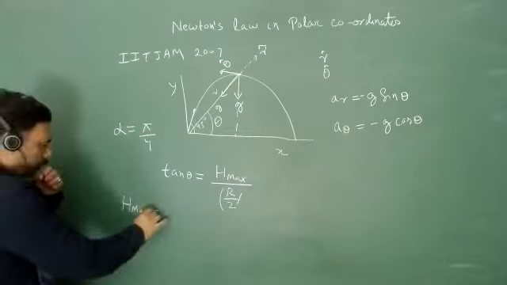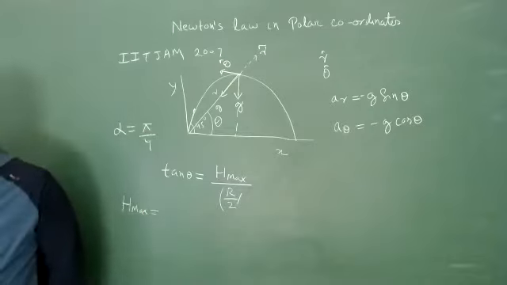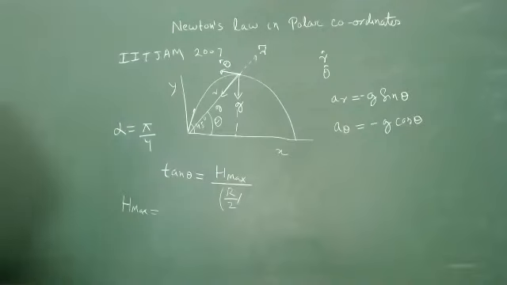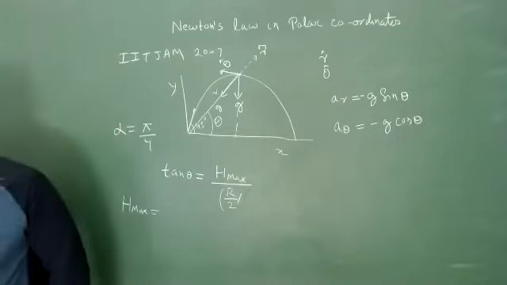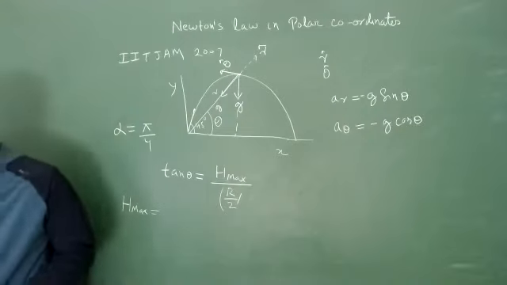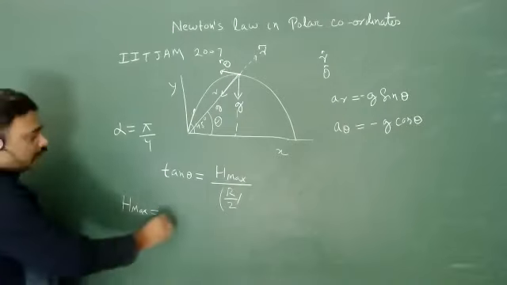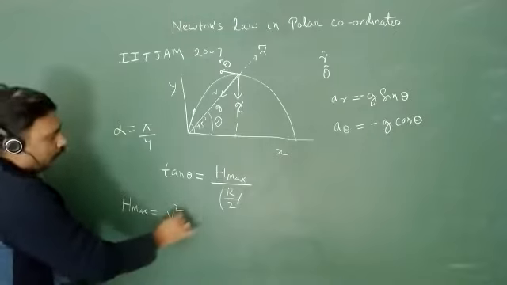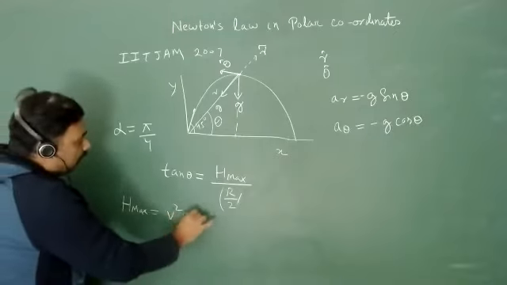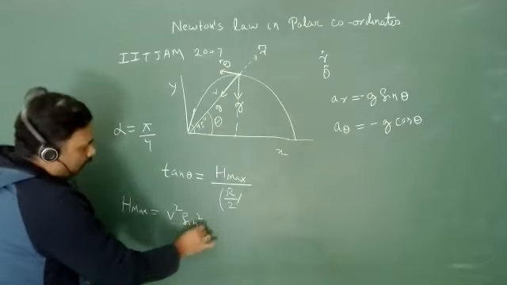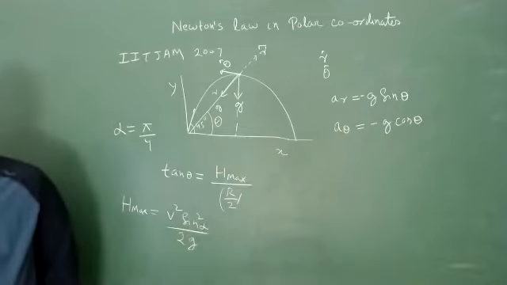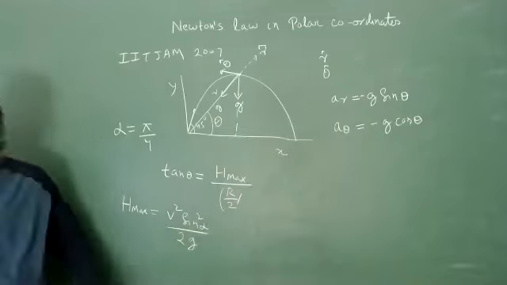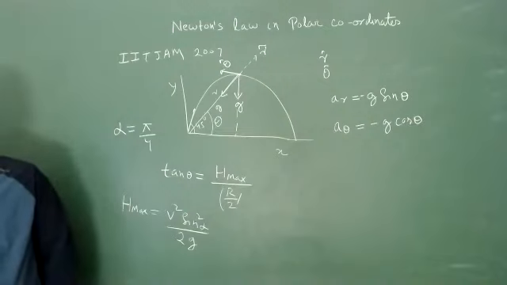So you can write what is H maximum? This is V square sin square alpha upon 2G.